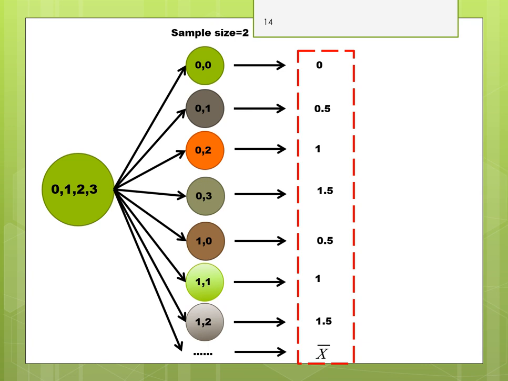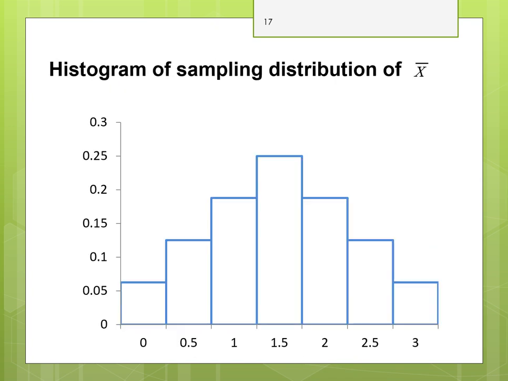So what is the value of the mean? 0 plus 1 plus 2 plus 3 over 4. So what's that? 1.5, right? So here we will find that the distribution of X bar is symmetric. Besides, it's symmetric about mu, the population mean. So that's very interesting, right?